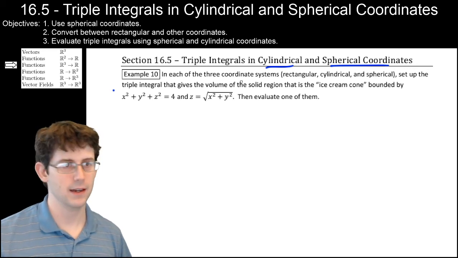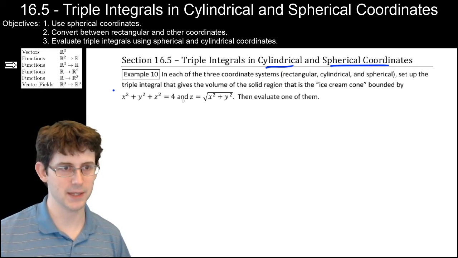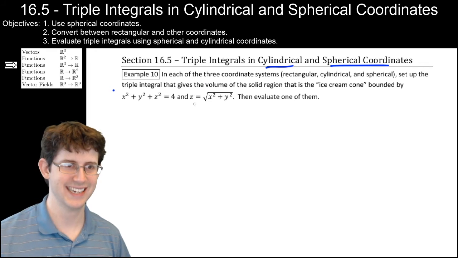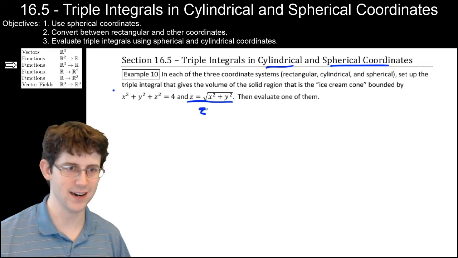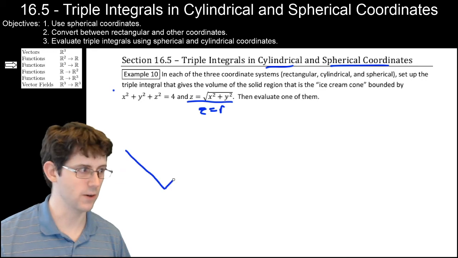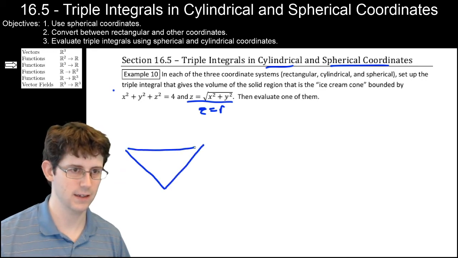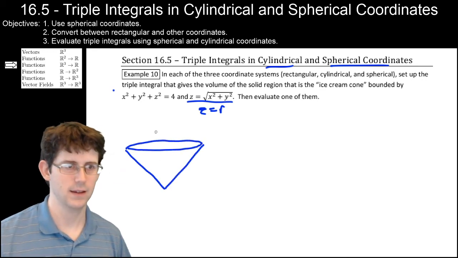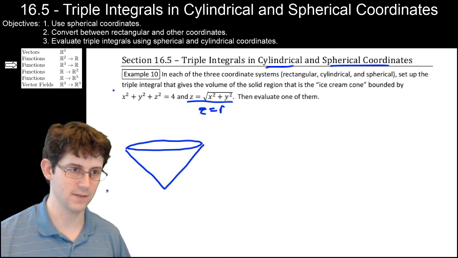Okay, let's set up the triple integral that builds this ice cream cone. So this is z equals r. What does z equals r look like? It's a cone like this. And then x squared plus y squared plus z squared equals 4 is a sphere of radius 2.